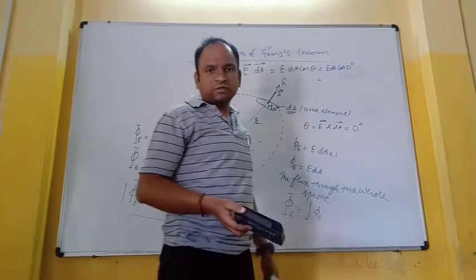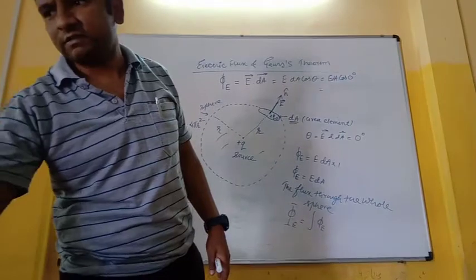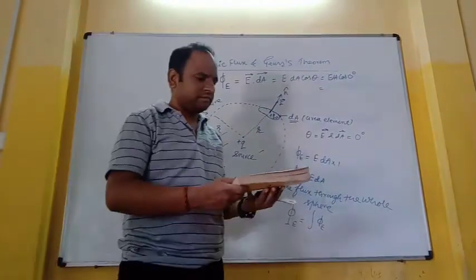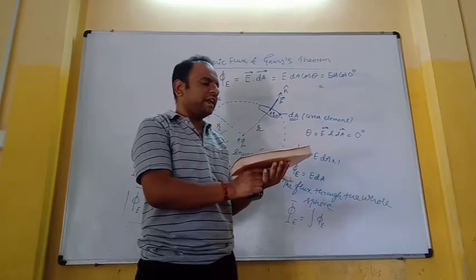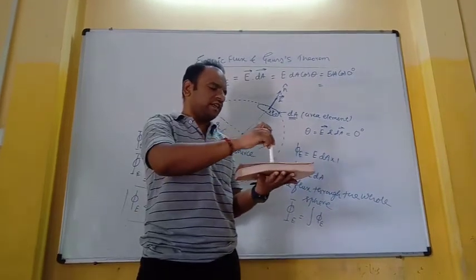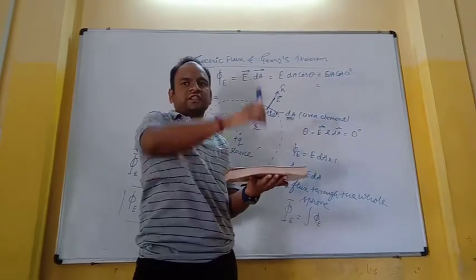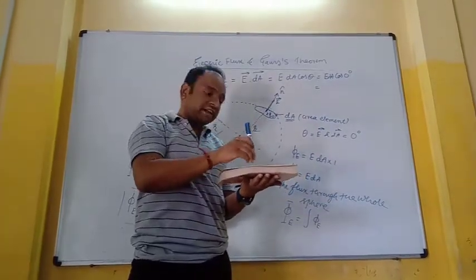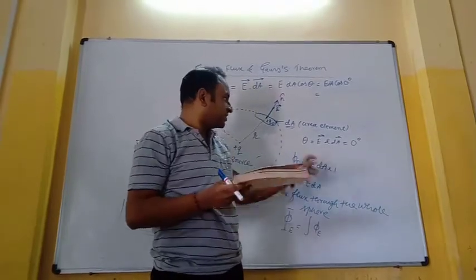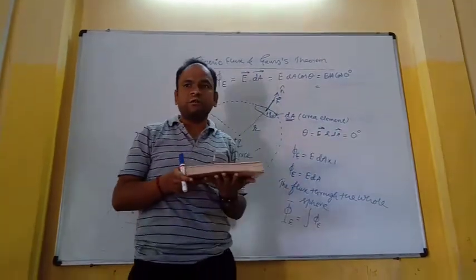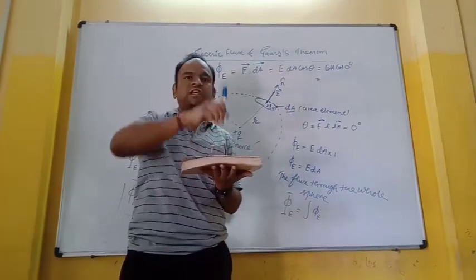Suppose again, I consider a given surface, something like this, and suppose my electric field lines are coming in this direction, and the area vector is also in the same direction, like this case. So theta would be equal to 0 degree, and therefore the maximum flux is passing through this.